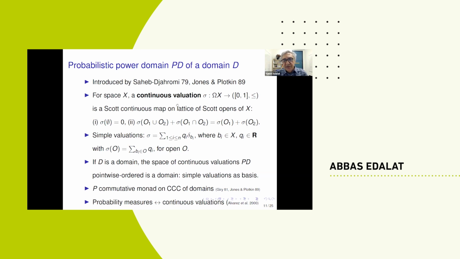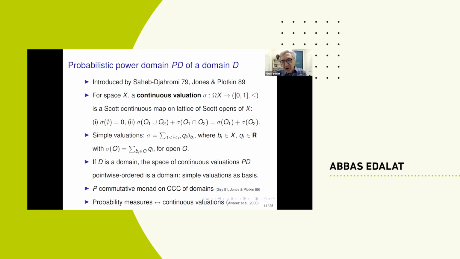The nice thing about this is that if we start with a domain, a continuous DCPO, it has simple valuations, which form a basis for what they call the probabilistic power domain. So first of all, what's a simple valuation? A simple valuation is essentially the linear sum of point valuations, or Dirac measures, if you want.